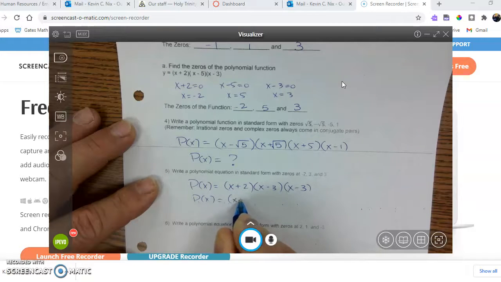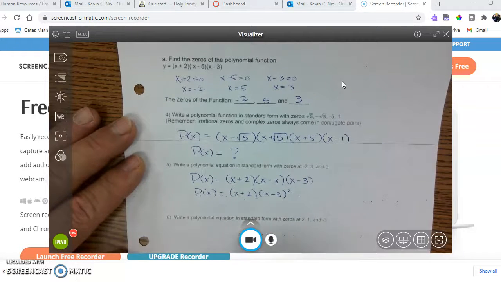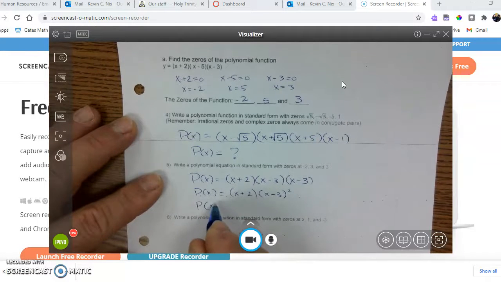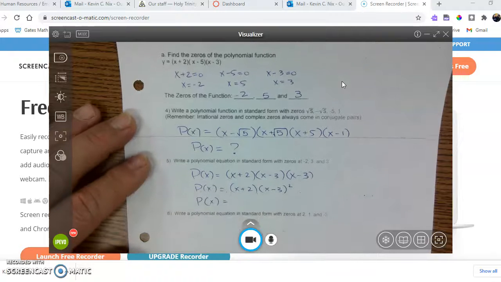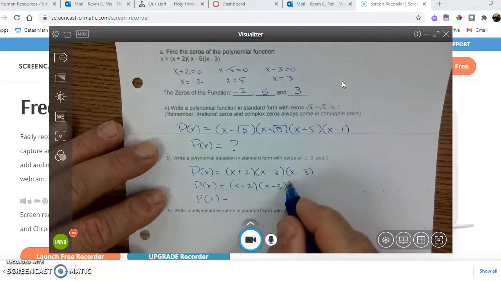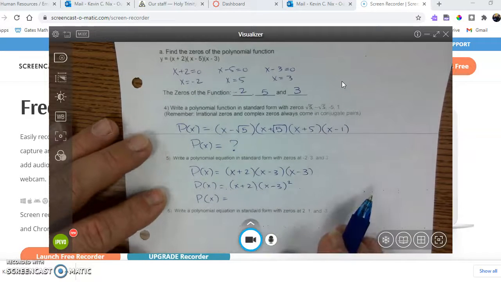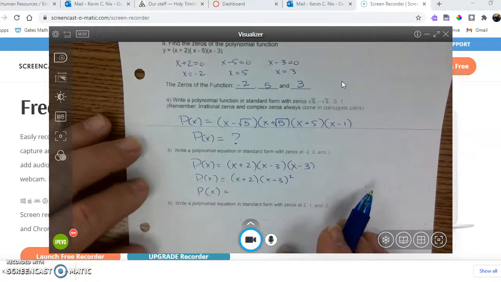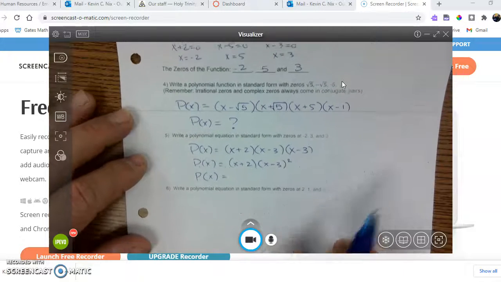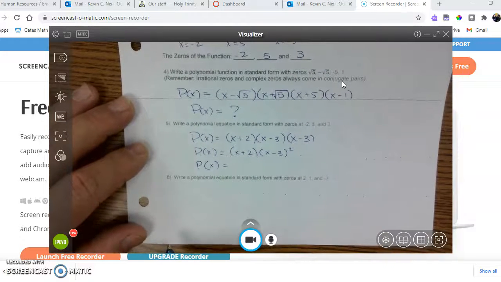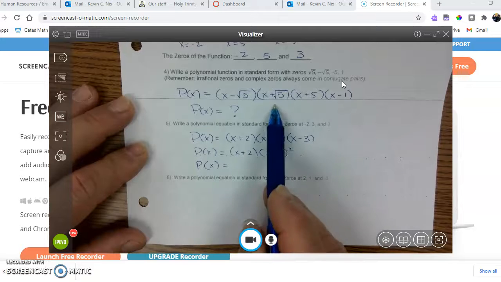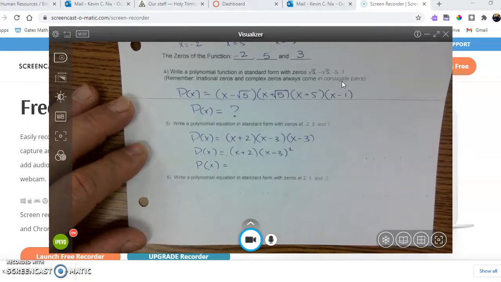But anyway, that's x plus 2 times x minus 3 to the 2nd power, because there's 2 of them. And we will go ahead and write this out in standard form in class as well. We'll multiply it out. I'm just trying to keep the video short, so I'm leaving the last step to do in class.